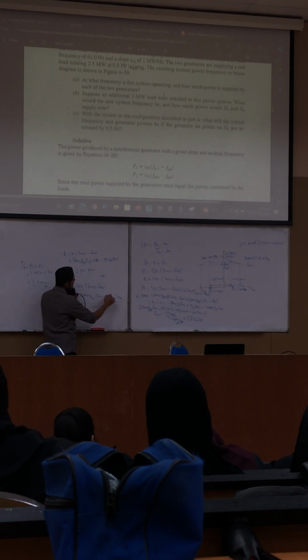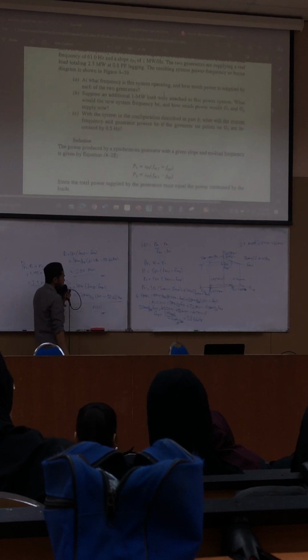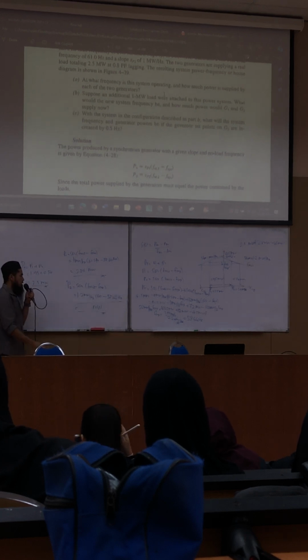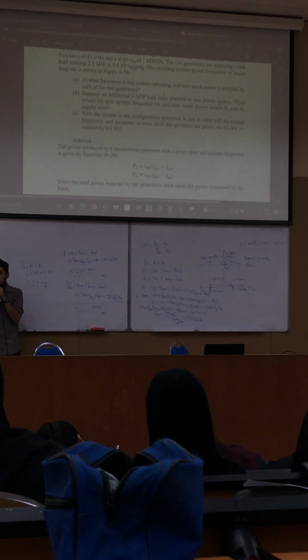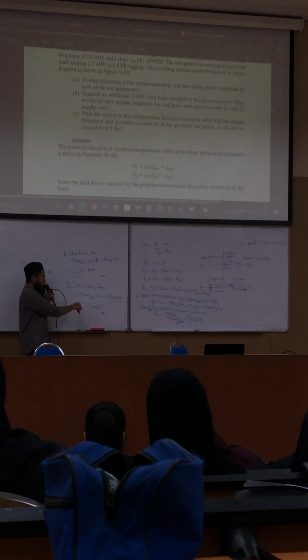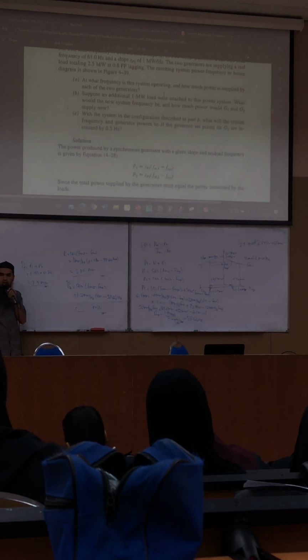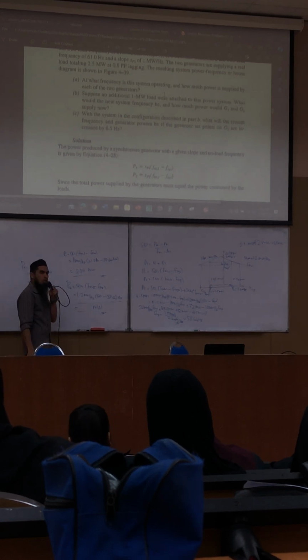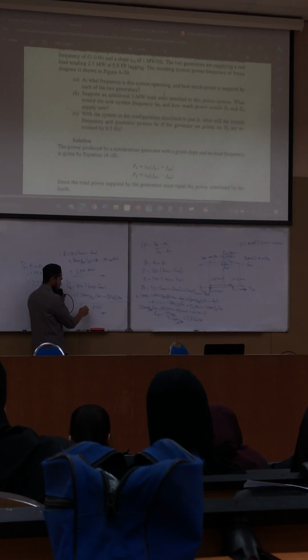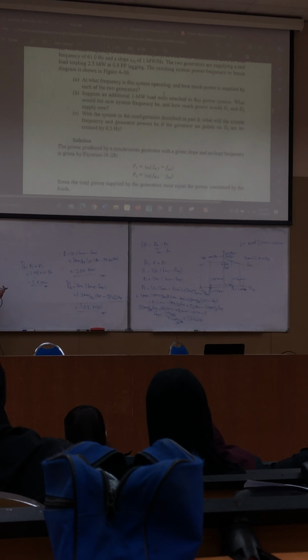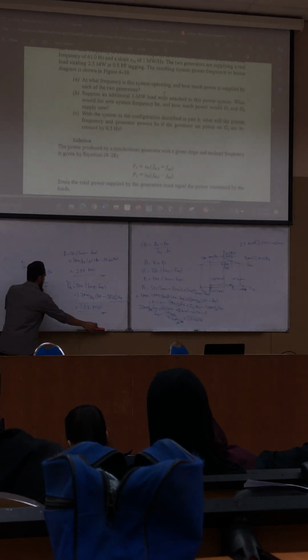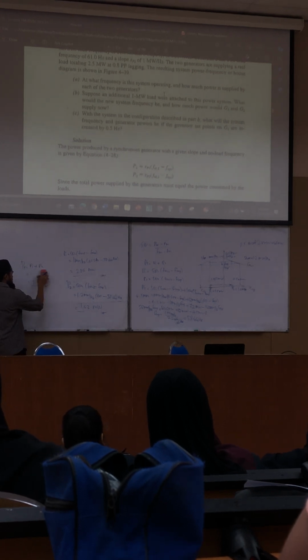Same goes to P2. You just key in your calculated value of system frequency. 60 minus 58.64. How much? Okay, times 1.2. 1.63. So 1.63 megawatt. So counter check. Is it correct or not? Prove it.